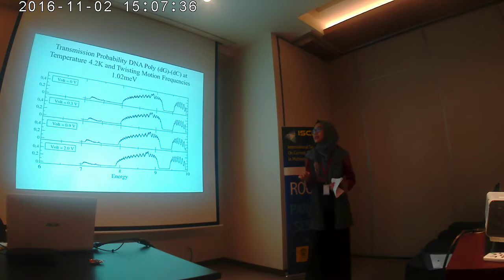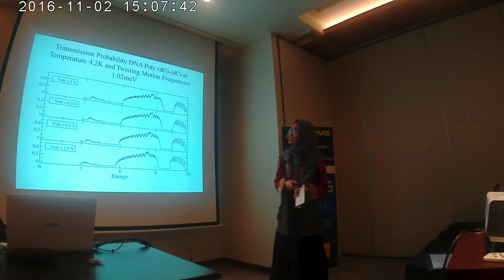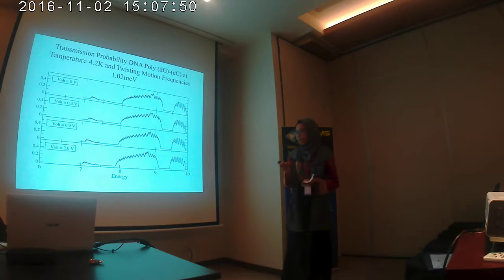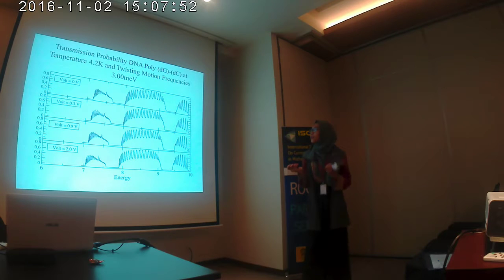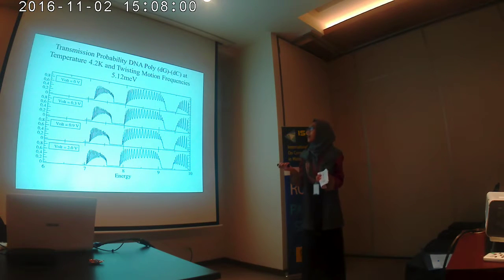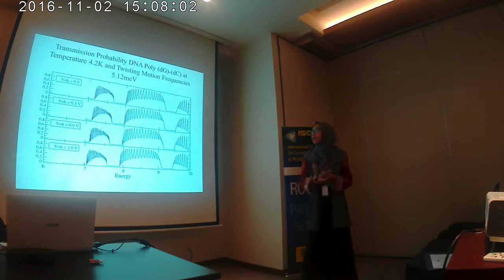The extended band shifts to the left, and the transmission probability increases as the twisting motion frequency increases. And this is when we set the frequency much higher, at 3 megaelectronvolts, and this is at 5.12 megaelectronvolts.